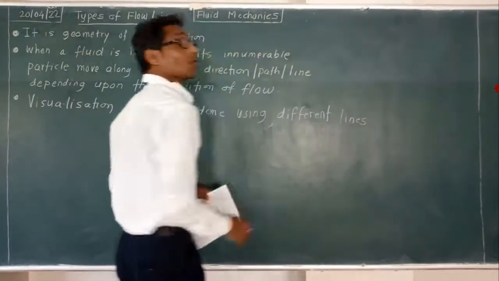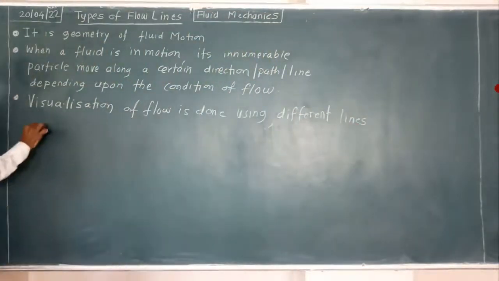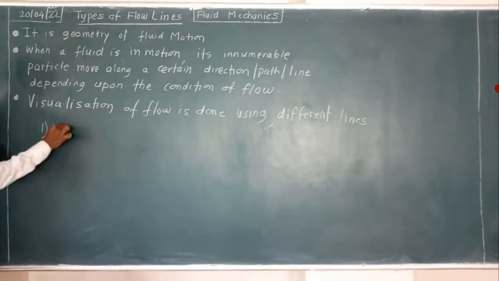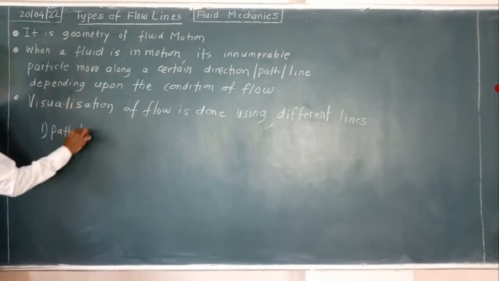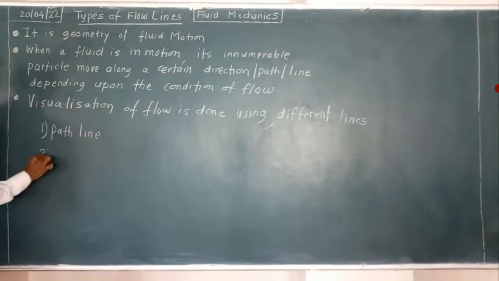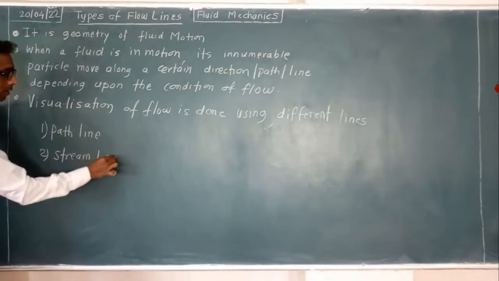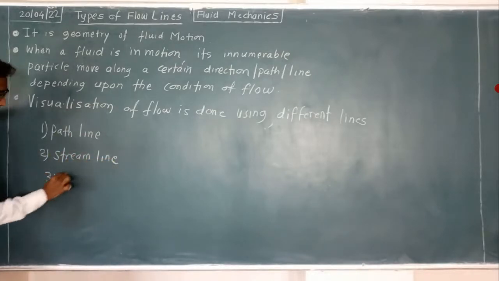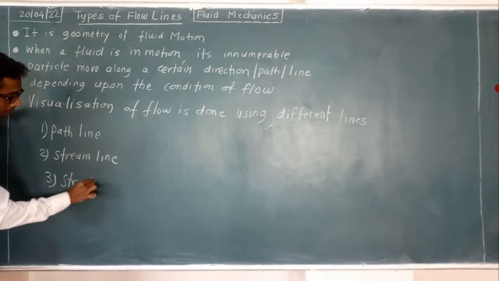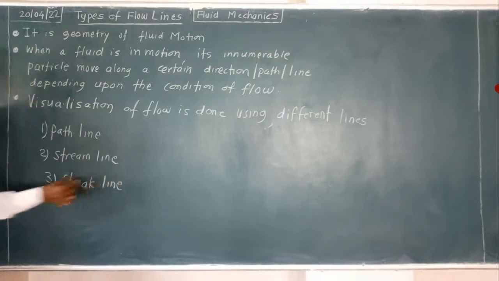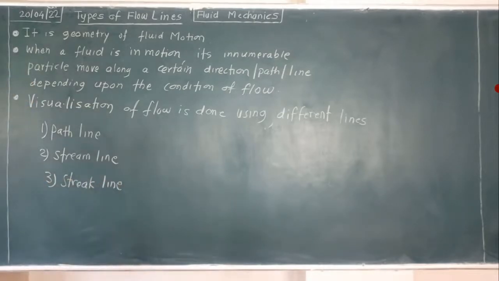These are flow lines: first is a path line, second is a streamline, and third one is a streak line.